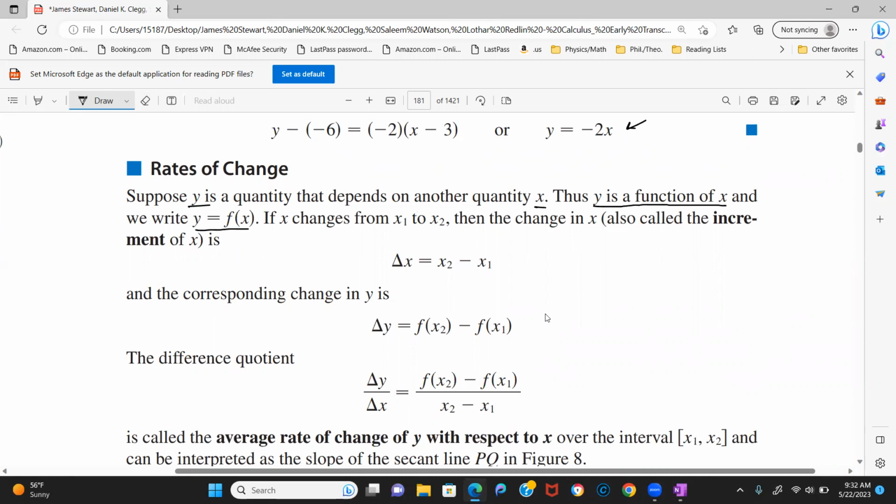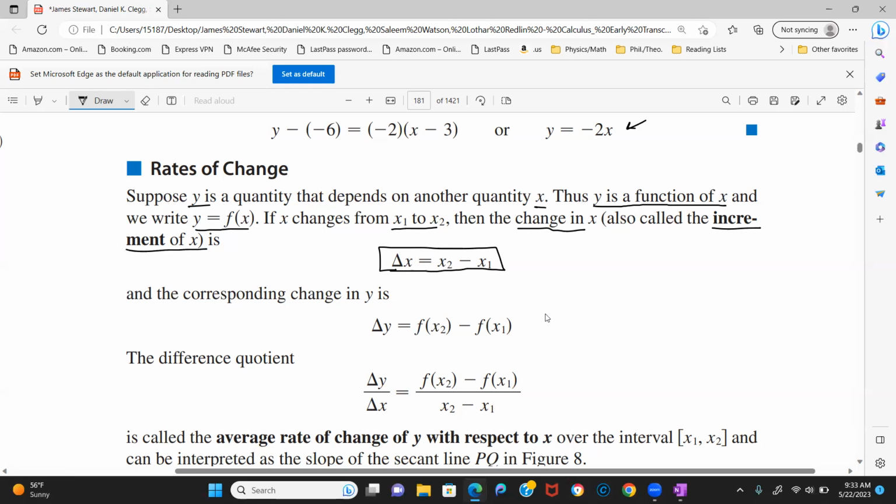The f describes the dependence of y on x. And now we can think about x changing. x is a variable, so it can change from x1 to x2. And then we can talk about this increment, this delta x. It's the change in x, also called the increment of x.